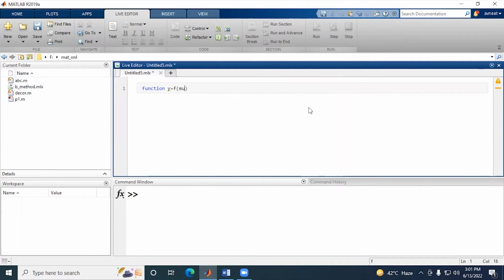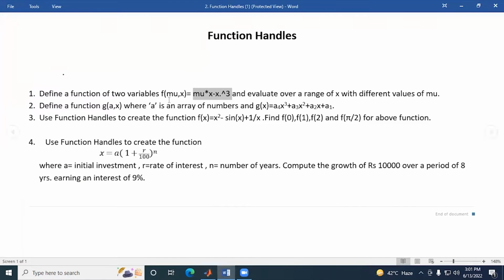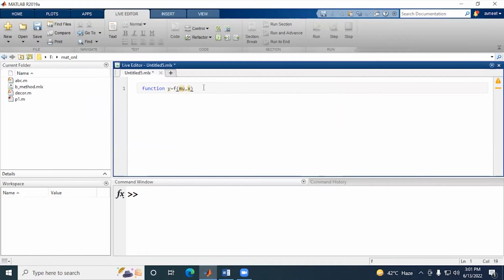The inputs are mu and x, defined as mu comma x, and this is my equation. You can just copy this equation from here and paste it into your Matlab. I have pasted my equation, and y is equal to this equation, then semicolon. My function is ready.